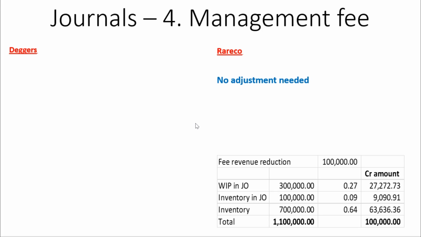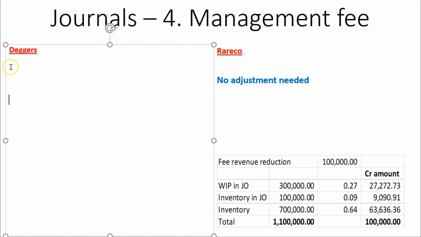Why? Because half of the service they were providing to RareCo, but the other half they were providing to themselves. So that's not really an actual service, right? They shouldn't be deriving any revenue off that. They're simply just undertaking normal management operations for themselves.